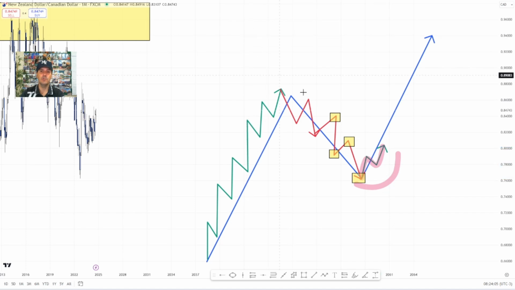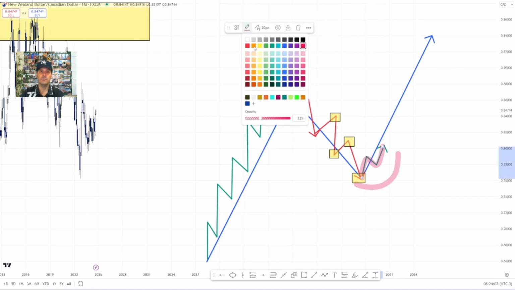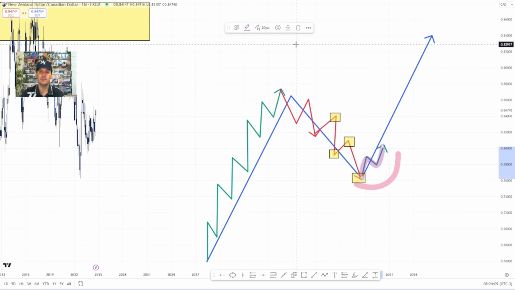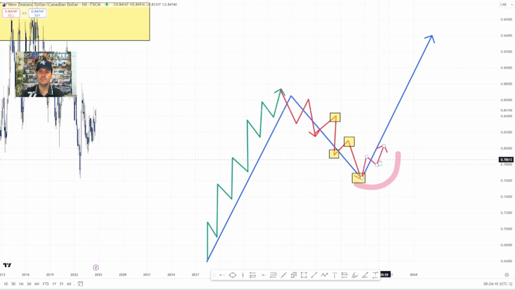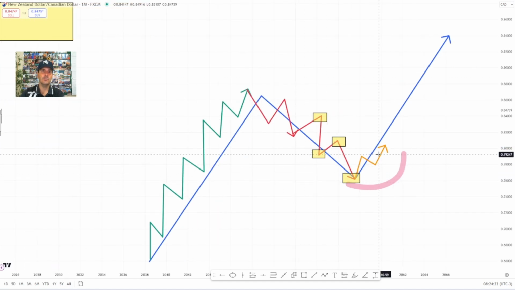So this violet, orange, alright, to make it better. So this orange uptrend that you are seeing, higher highs, higher lows, it's nothing more than a retracement on the red.